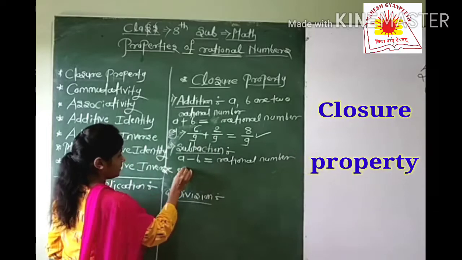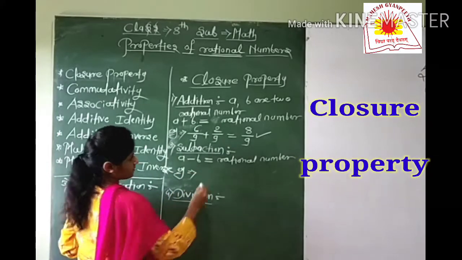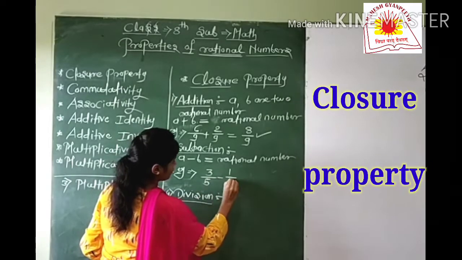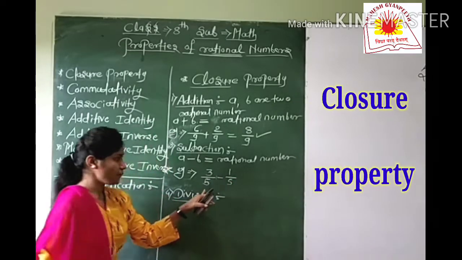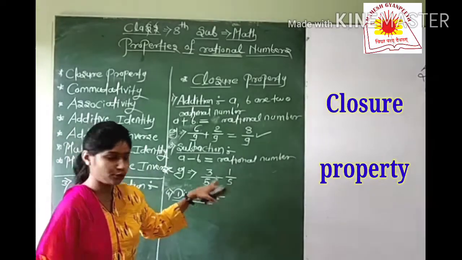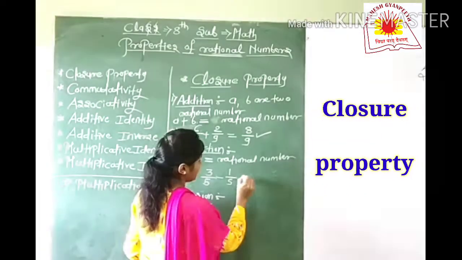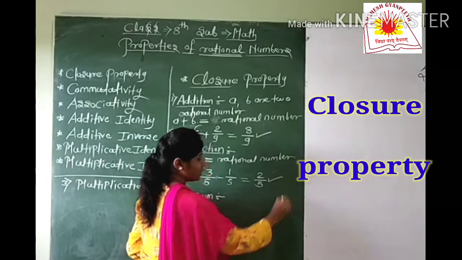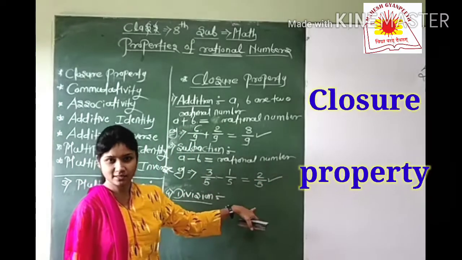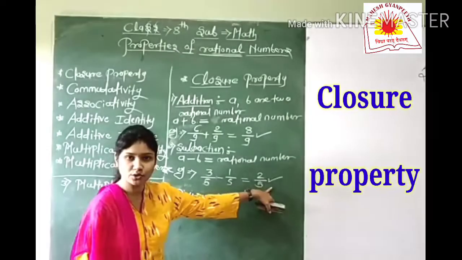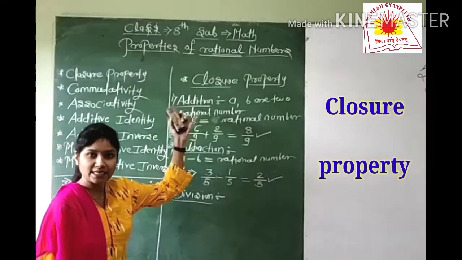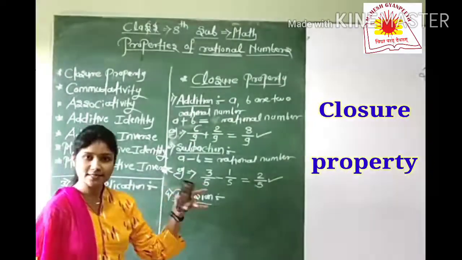For example, 3 upon 5 minus 1 upon 5. Their difference is 2 upon 5. Then 2 upon 5 is which number? It is also a rational number. Then the difference is also a rational number, so the closure property is applicable on subtraction.